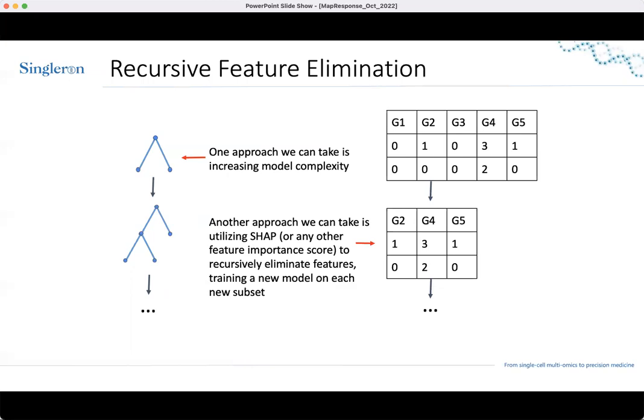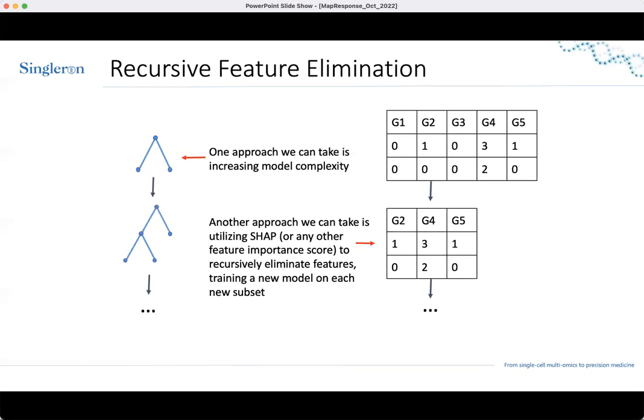In other words, which features are driving the prediction, or having the most significant impact on making that prediction. These are the features that are most important. One way to look at that, which we just saw, is you can look at those values as a result of increasing the complexity of the tree.